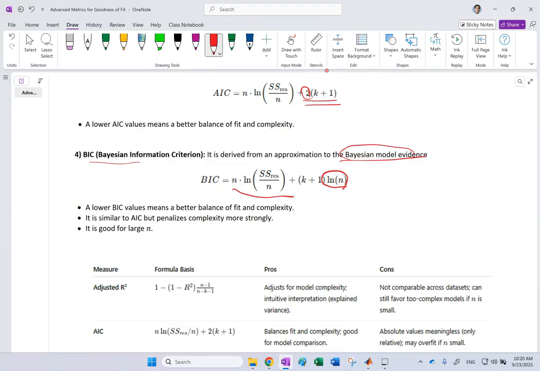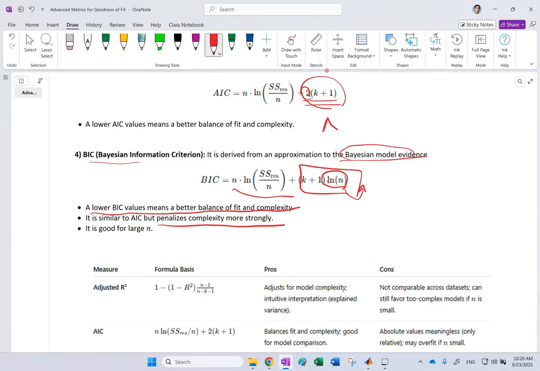They generate similar numbers. But as your number of data points gets bigger and bigger, 100 points, 1,000 points, the penalty term here is going to be much bigger than the penalty term here. So I can say this one penalizes the complexity more strongly compared to the AIC. And this one also has a balance, and the minimum value of that typically indicates the best degree of freedom, or the best complexity.